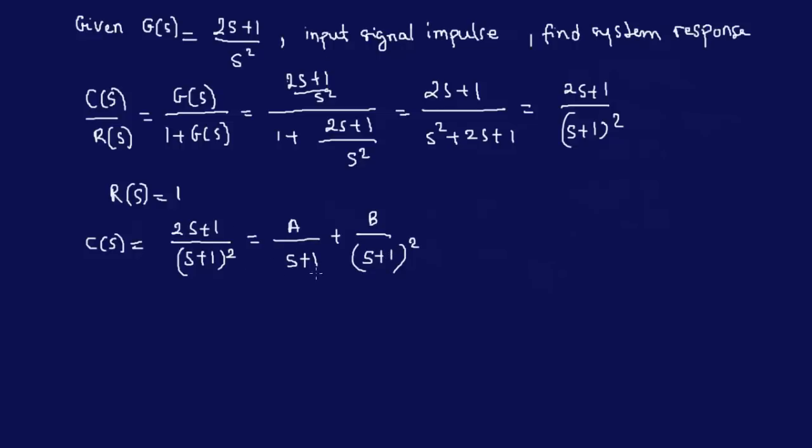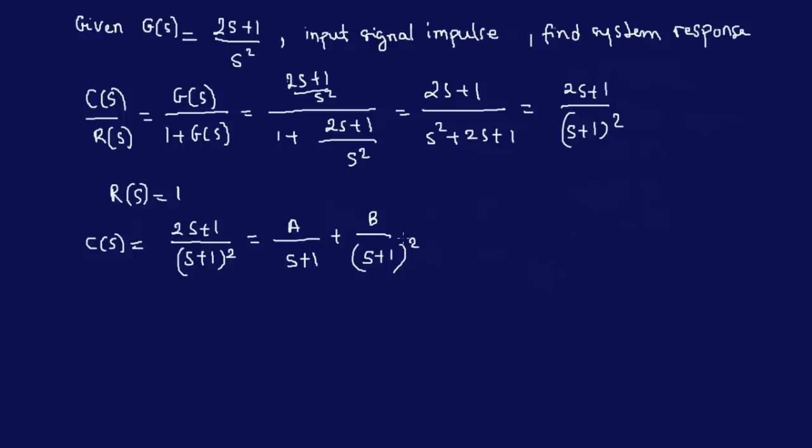If you had a cube here, you would have A/(s + 1), then B/(s + 1)², and then C/(s + 1)³. Now we have to find A and B. It can be whatever number we find. If it's negative, then it will be minus here. So the plus doesn't mean that both numbers will be positive.